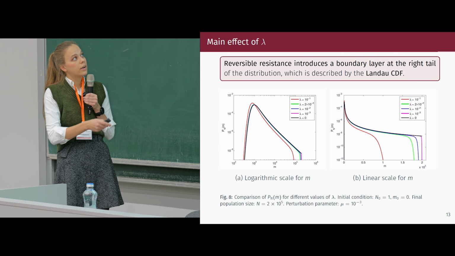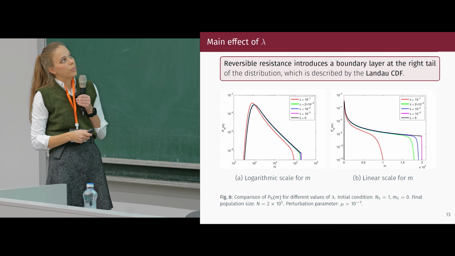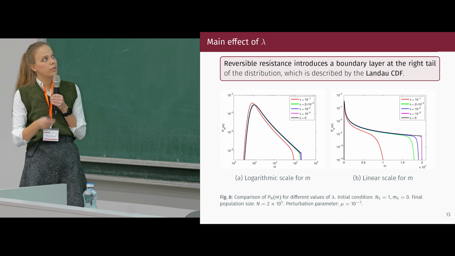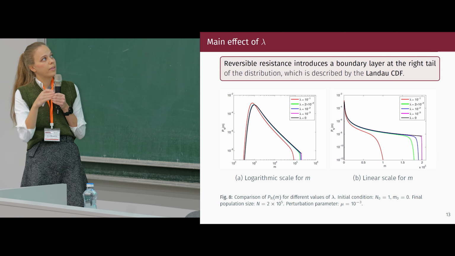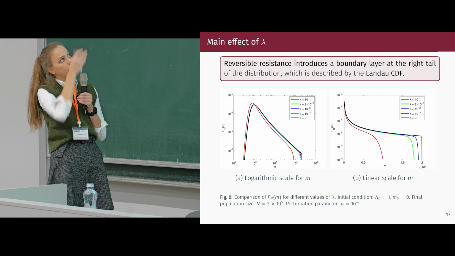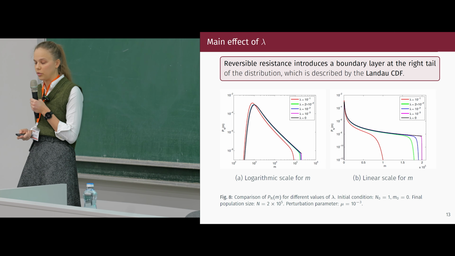However, on the right side, a new boundary layer is introduced. As you can see in this picture, the black curve represents the classical model when lambda equals 0, and it ends with a sharp cutoff. However, when lambda is positive, the edge is smooth, and that's the boundary layer. And we know more: it is described by the Landau CDF.